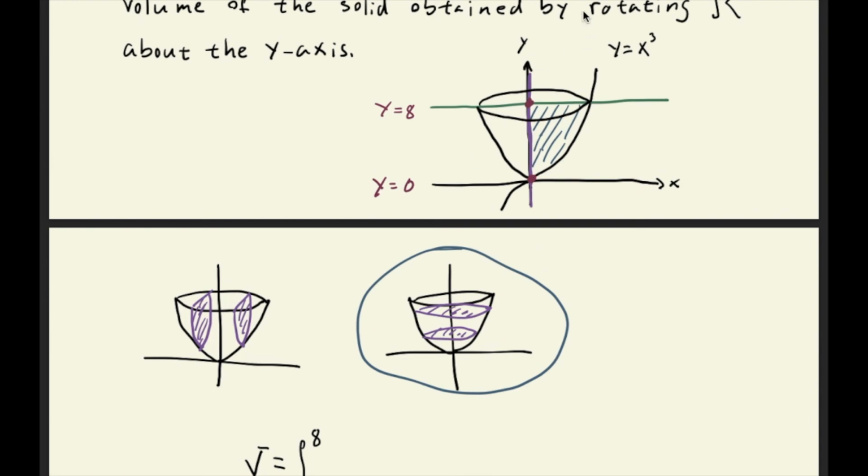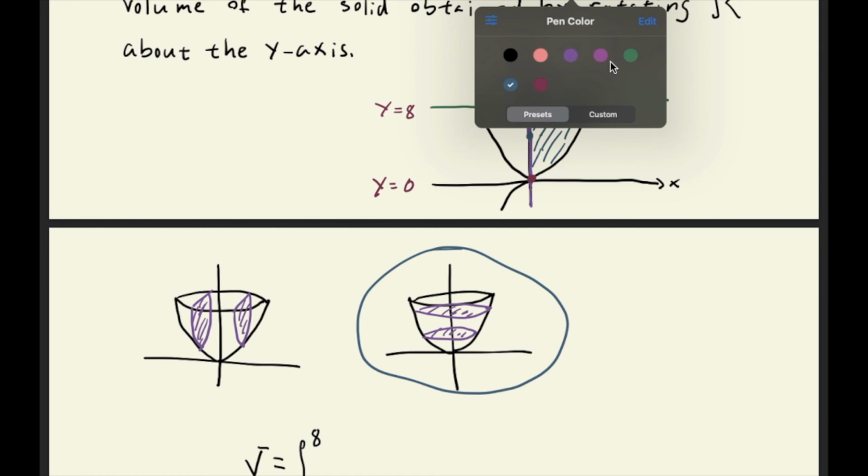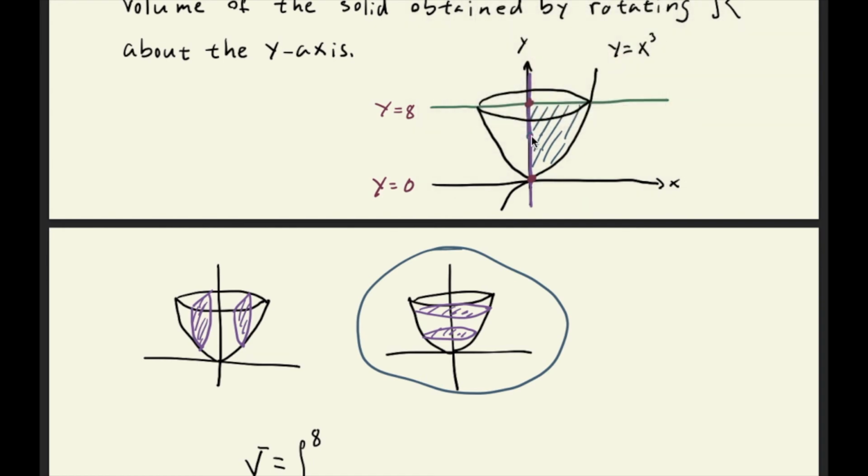Okay? And then if you fix a value of y, you can do a horizontal slice. What color to use here? I'm running out of colors. I'll use pink. It's almost the same as purple, huh? But you slice your region with the horizontal plane at that given y coordinate, and you compute the area of that cross section, A of y now, right?